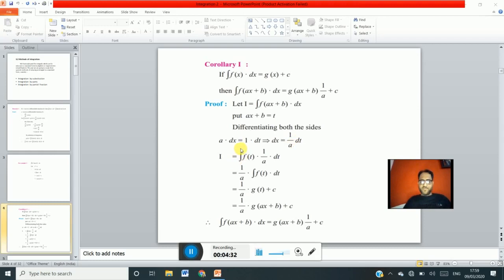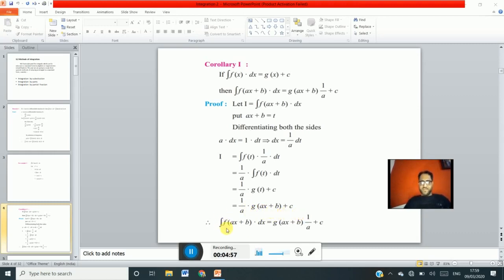So what we get? I equals integration of f of t 1 upon a dt. 1 upon a is constant, take outside the integral, and integration f of t dt. So 1 upon a integration f of t is what? g of t plus c according to the given result. And t is what? ax plus b, so 1 upon a g of ax plus b plus c.